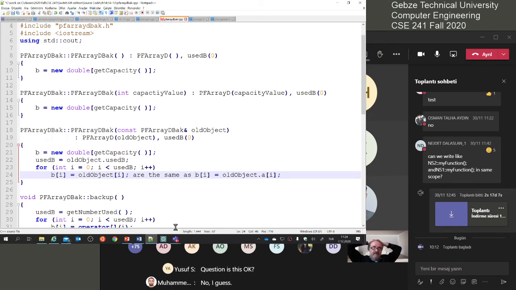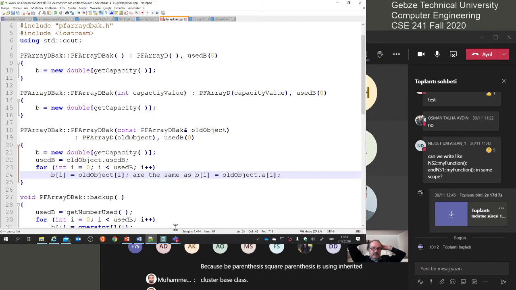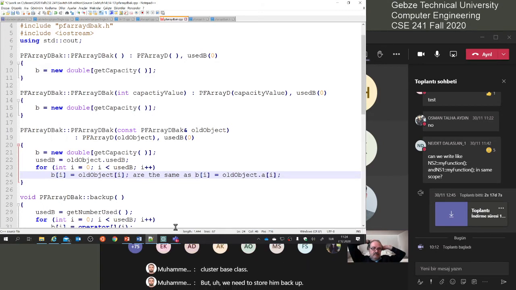Why not? Because B square brackets is using the inherited base class, but we need to store in backup. Yes, I should not copy.